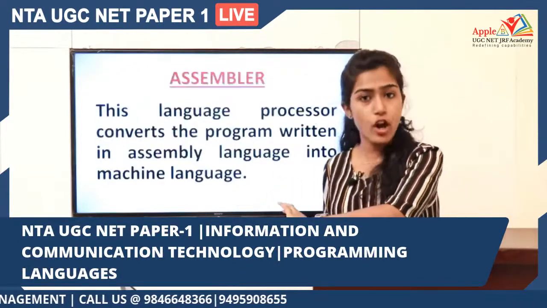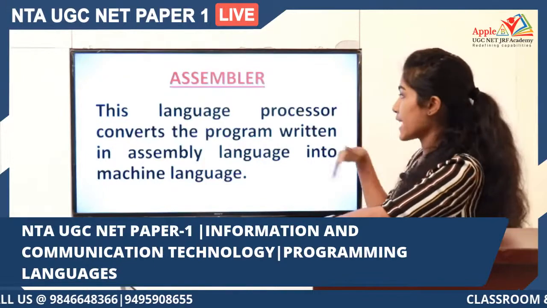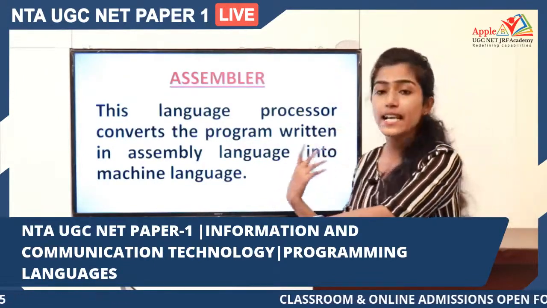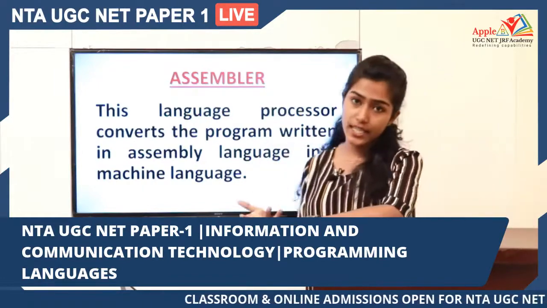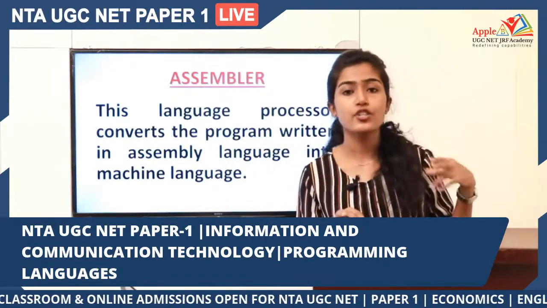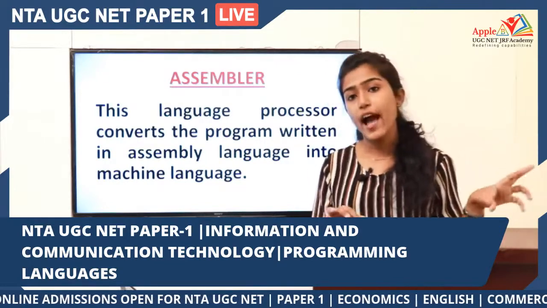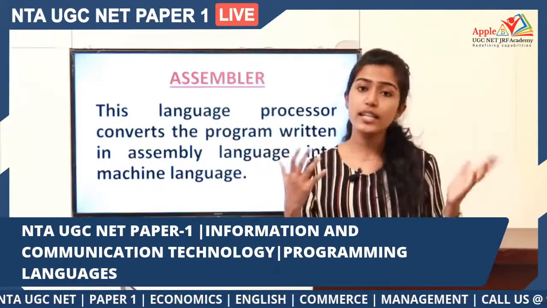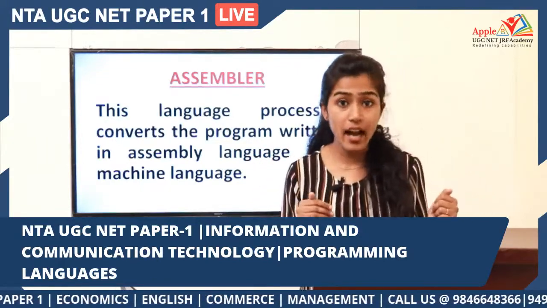As we have already said, assemblers are language processors which convert programs written in assembly language into machine language. We said that assembly language uses mnemonic codes, short forms. So we have to translate assembly language to a machine language so that the computer or the machine can easily understand that.